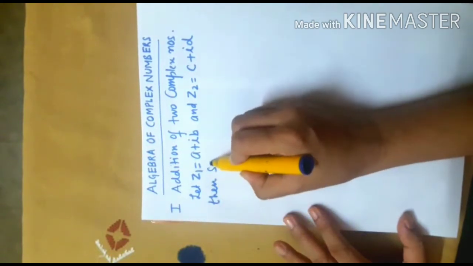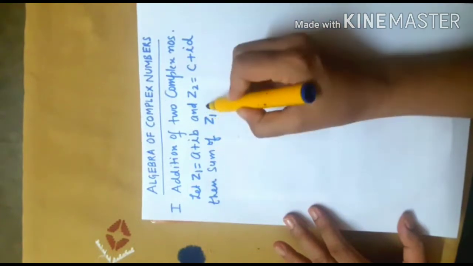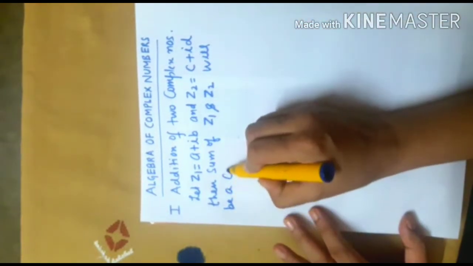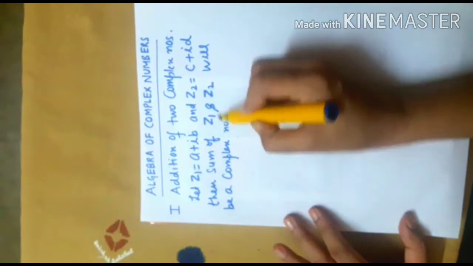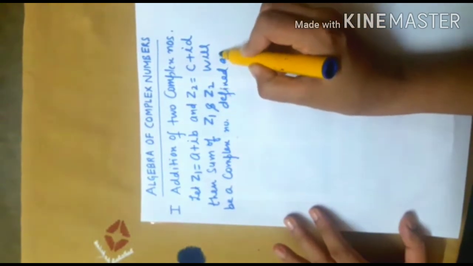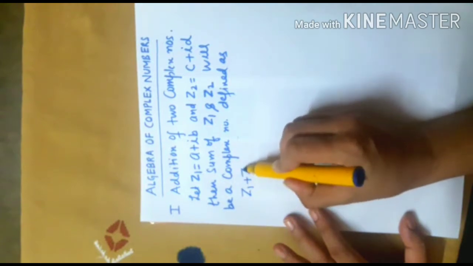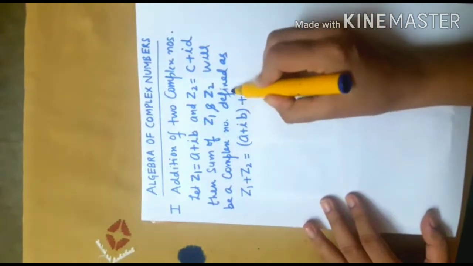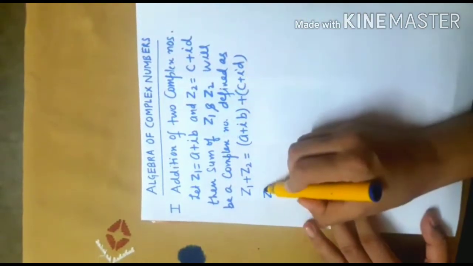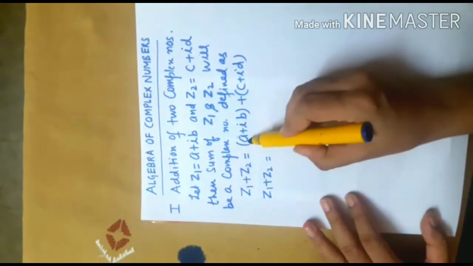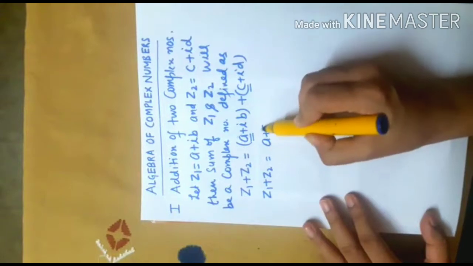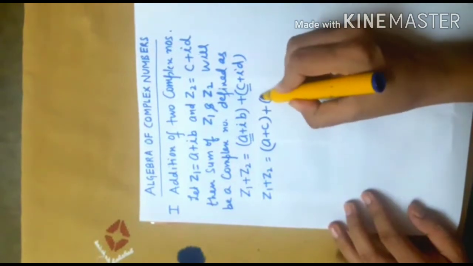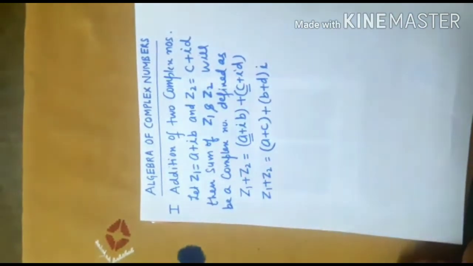Then the sum of z1 and z2 will be a complex number defined as z1 plus z2 will be equal to a plus iota b plus c plus iota d. So the sum will be defined as a plus c, real parts are added, plus b plus d iota.